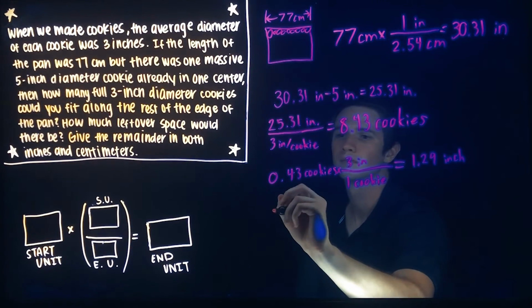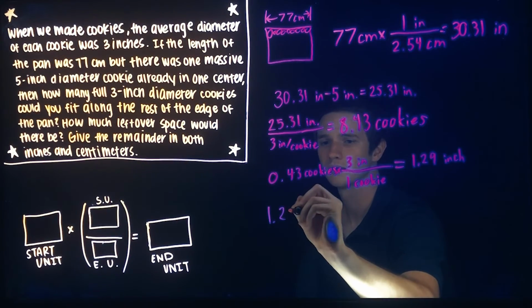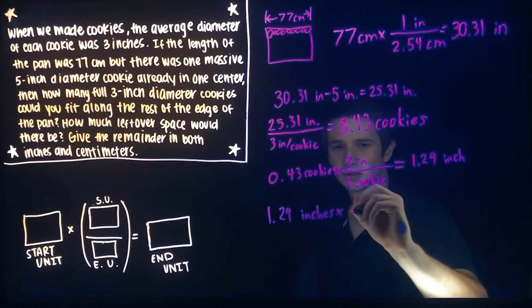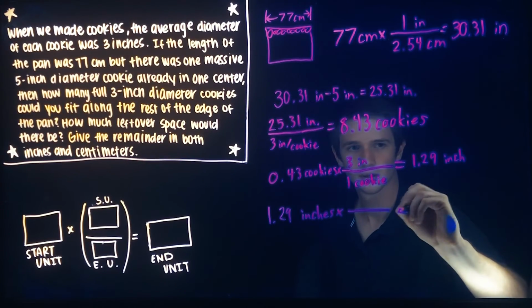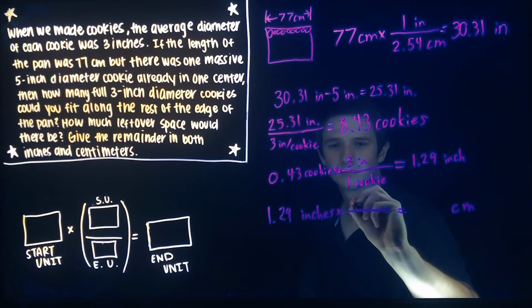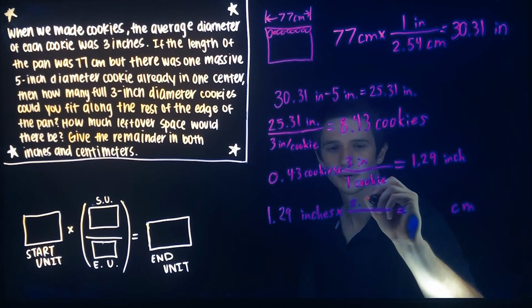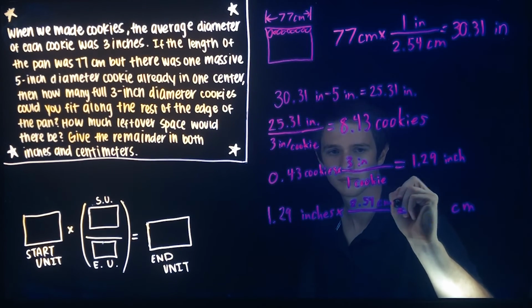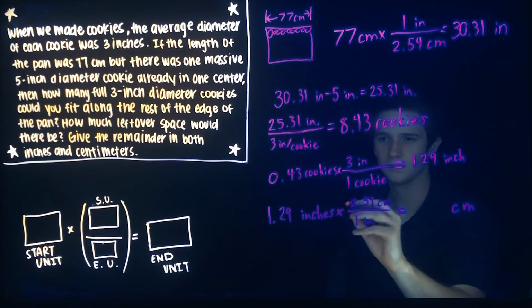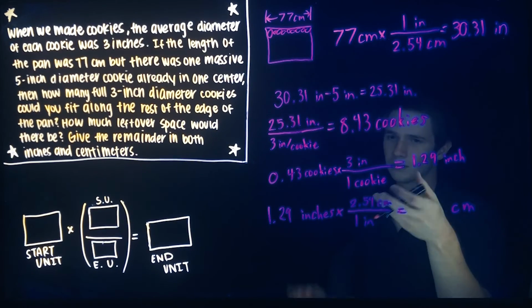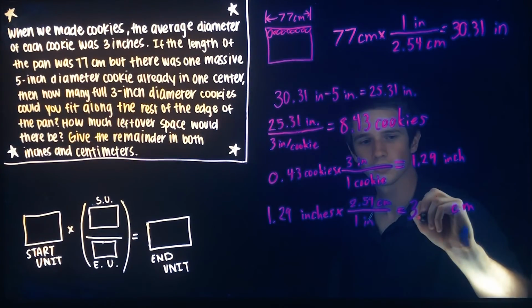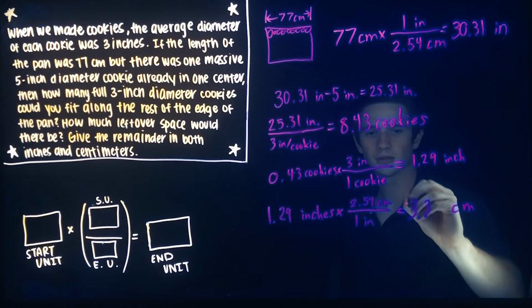Now let's convert that remainder to centimeters to figure out what that distance would be in centimeters. So 1.29 inches times our conversion factor equals our centimeters unit. So we'll put our end unit on top, 2.54 centimeters, and our start unit on bottom, 1 inch. 1.29, or approximately 1.3, times 2.54 is approximately 3.3 centimeters.